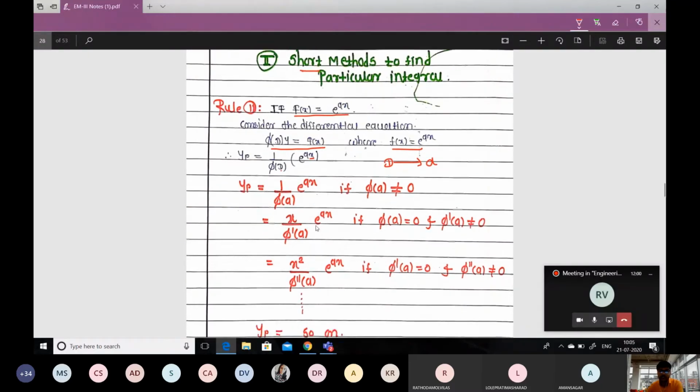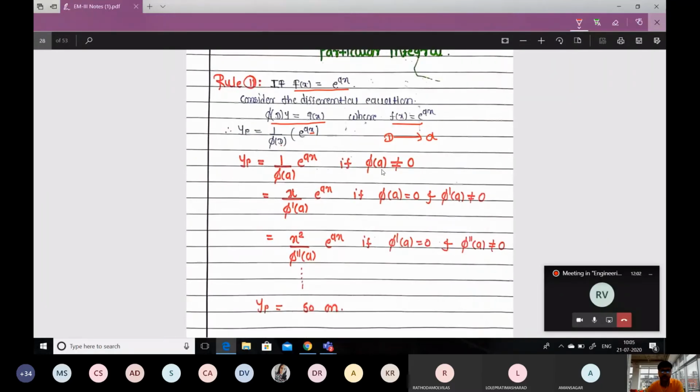And this holds provided phi of a is not equal to 0. If phi of a is equal to 0, then you have to multiply by x and take the derivative of the denominator, and again replace D by a, that is phi dash of a, and phi dash of a has to be not equal to 0.